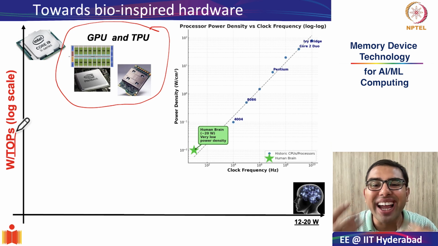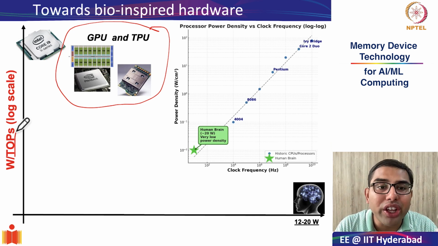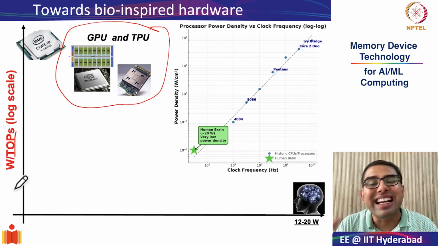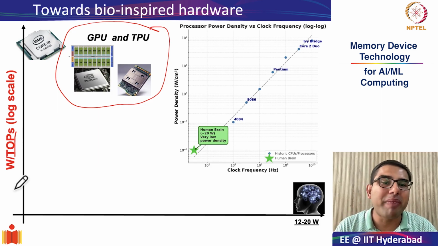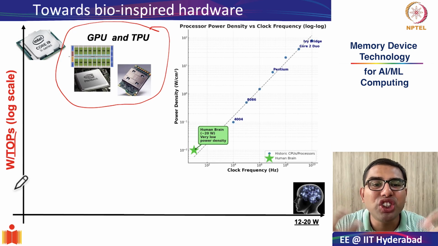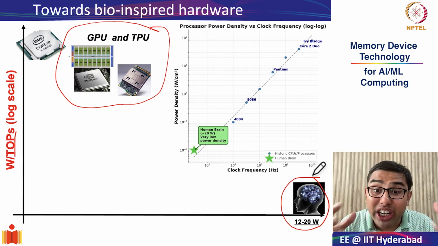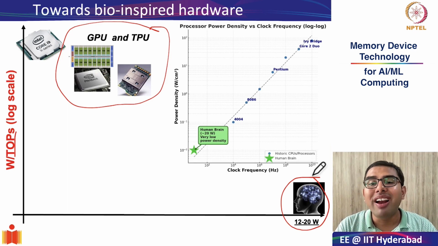But if you define the metric of power consumption per unit operation, that is watts per TOPS, how much energy or power is required per operation cycle, you see that there is a big disparity over orders of magnitude between your latest GPUs and TPUs and your human brain. And basically in this module, we will do a deep dive of why that is the case.